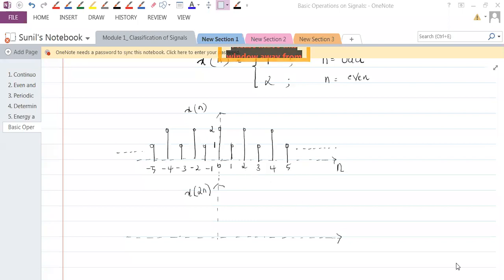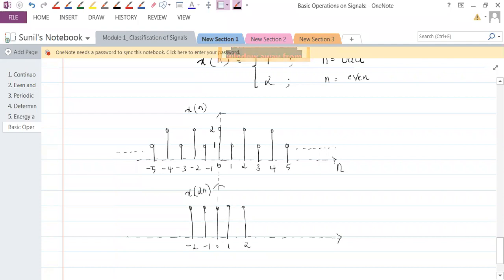That means the sample at 2 would come at 1, sample at -2 would come at -1. The sample at 4 would come at 2, the sample at -4 would come at -2. So this is what is happening. The sample at 0 would be there at 0, there's no problem with that.